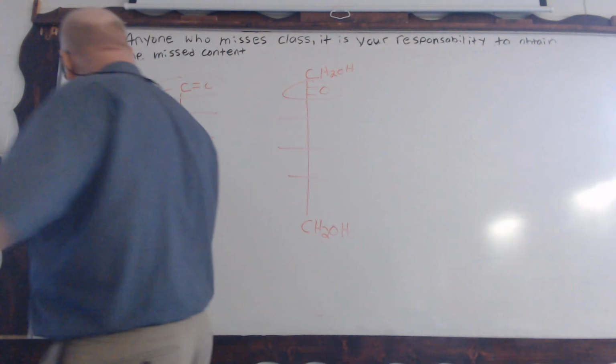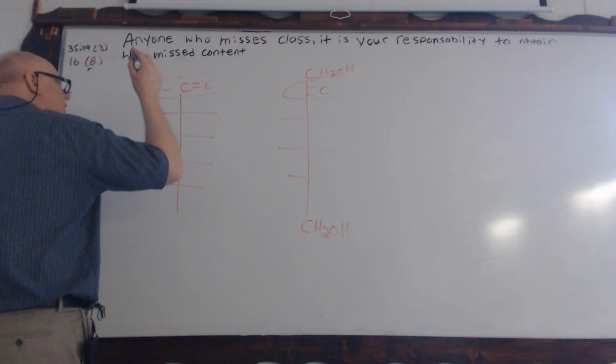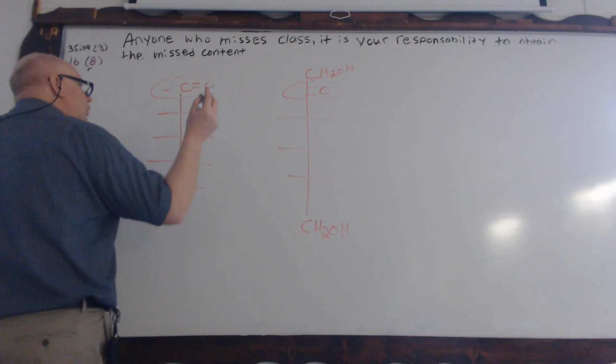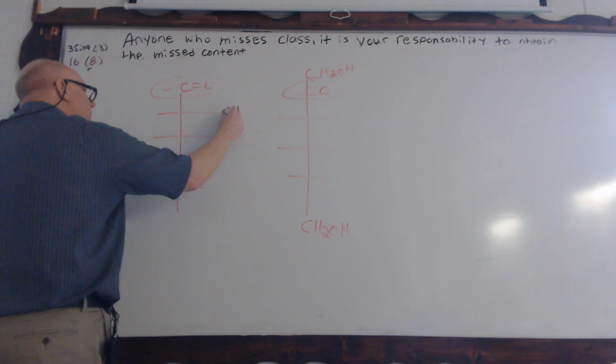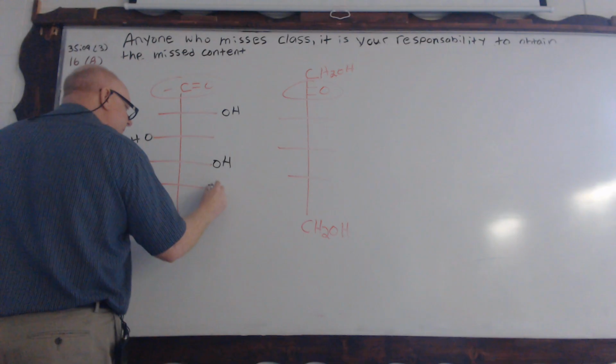Because we had done this, it's probably in your notebook. If we were to say, all right, we're going to draw glucose, and chances are you have this already, we would say it's right, left, right, and right.